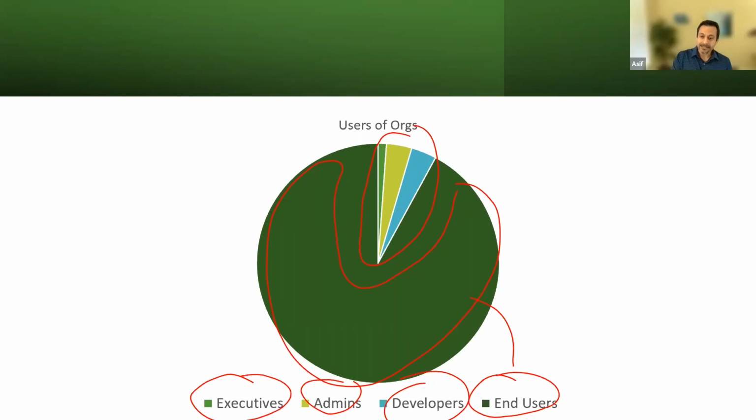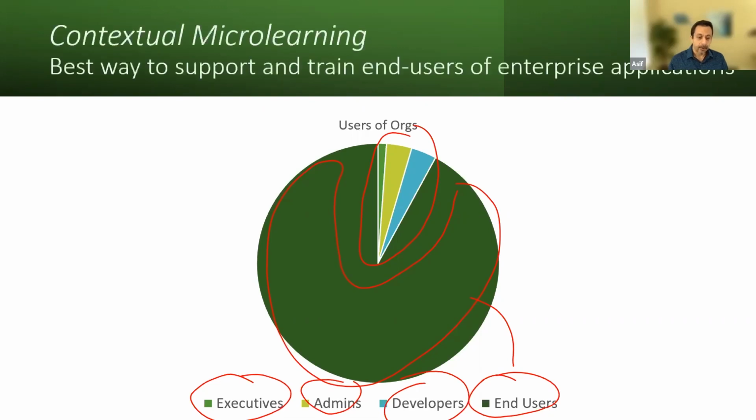Now, granted, learning on the work is the best type of learning, but there has to be a support, a context-specific, proactive approach that helps them learn what they need to learn. And that doesn't usually happen, okay? That's what I'm hoping we can change, where we can provide support and training to end users of enterprise applications, of factories, of whatever, but at their moment of need, within the flow of their work and in context of their environment. That's very, very important.